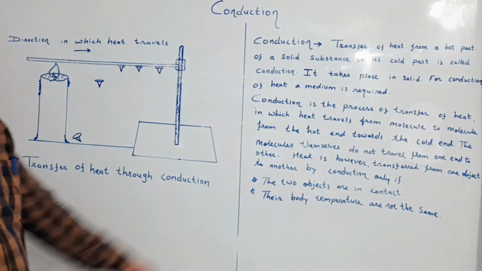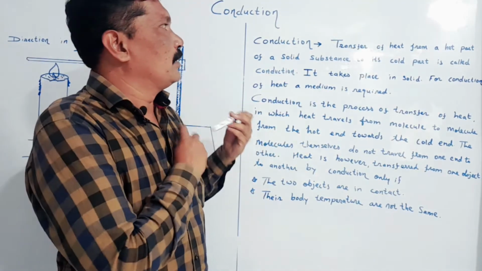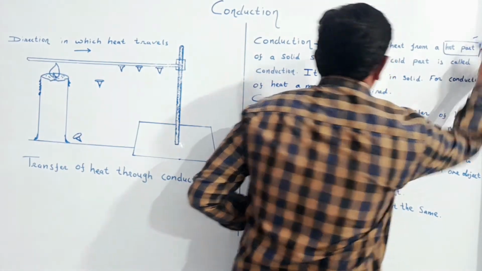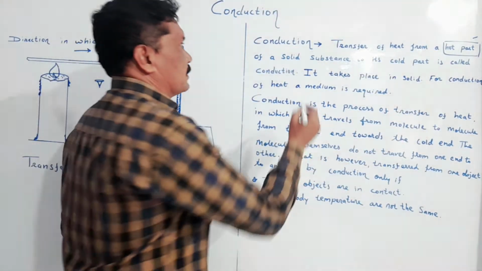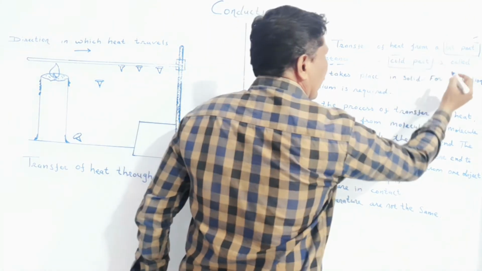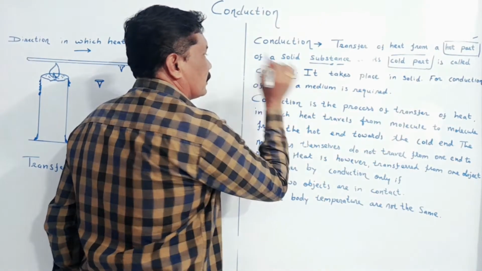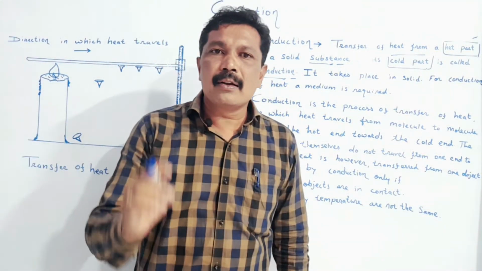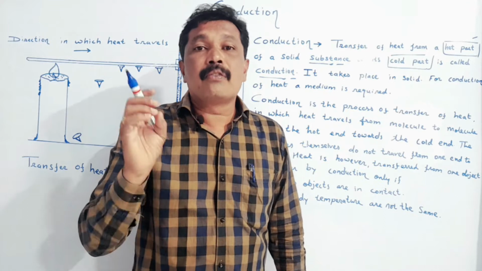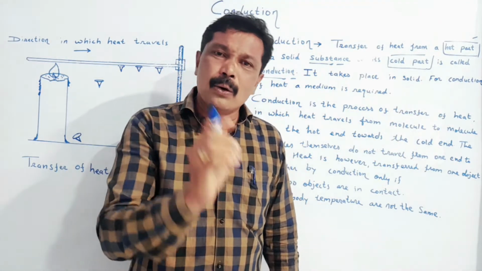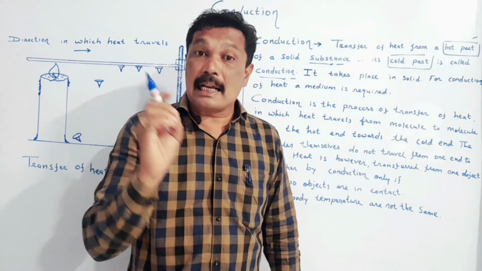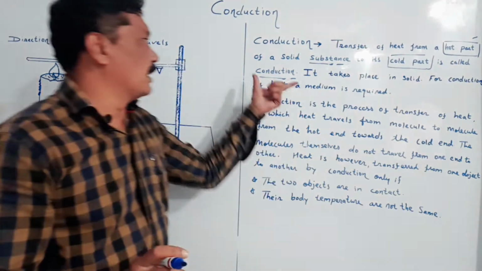My dear student, transfer of heat from the hot end of a solid substance to its cold end is called conduction. My dear student, when there is flow of heat in a solid from the hot end to the cold end, then such type of transfer of heat is called transfer of heat by a process called conduction.